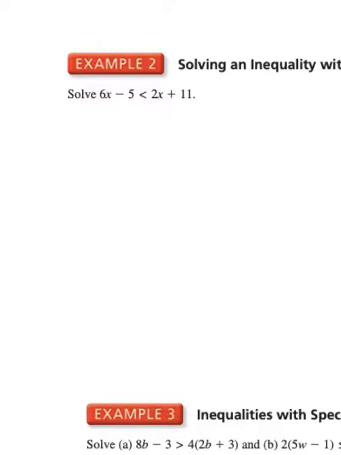The choice of subtracting the 2x is probably better because it keeps everything positive with no negative numbers. So let's go ahead and do this, subtracting the 2x from both sides. When you look at these, they can look complicated, but do one step first and then see what happens.